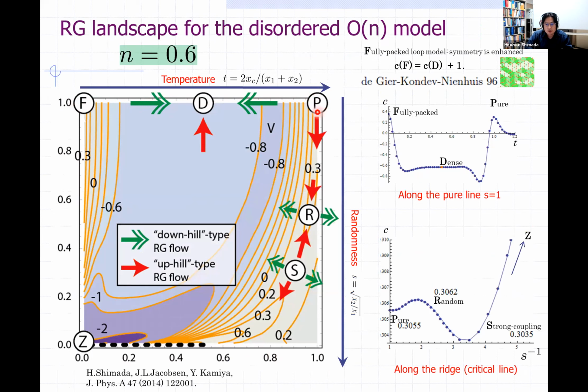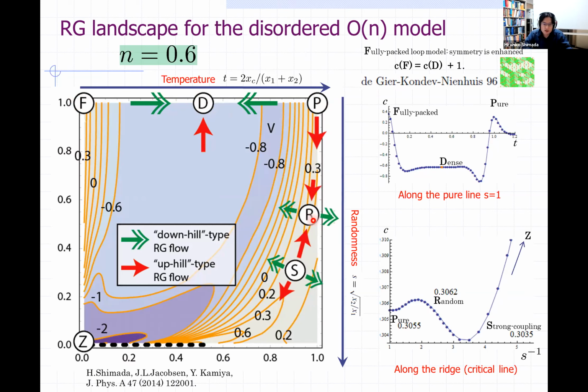This is the dilute critical point and the dense critical point, and this is the zero temperature fully packed fixed point. On top of that, we have these randomness directions. And indeed, we have a random critical point here in the uphill direction.